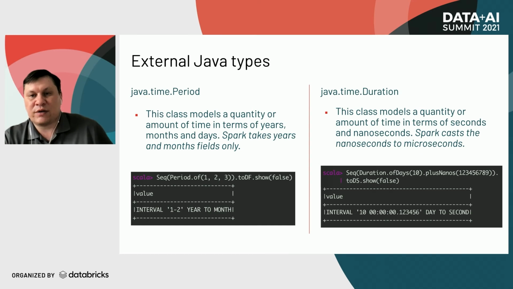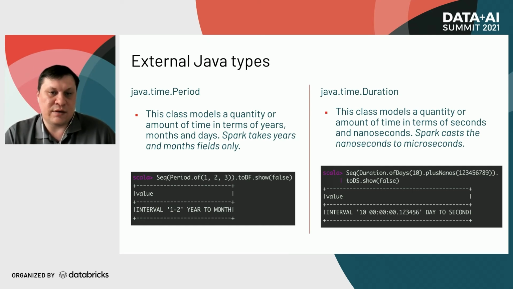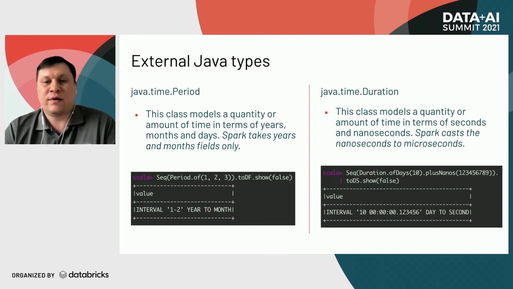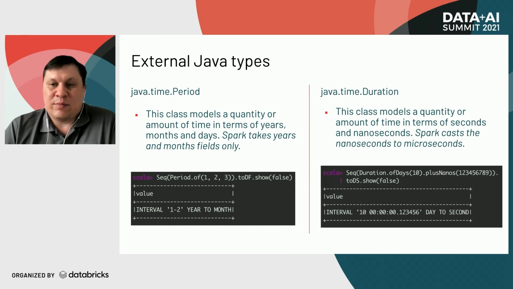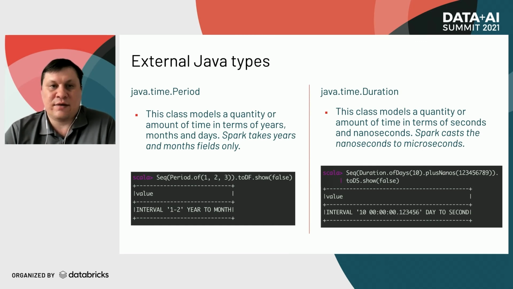On the right part, I constructed a daytime interval from Java time Duration. Because Java time Duration has resolution of up to nanoseconds, but Spark internally only up to microseconds, we have to cast the duration in nanoseconds to microseconds. You can see this on the slide.